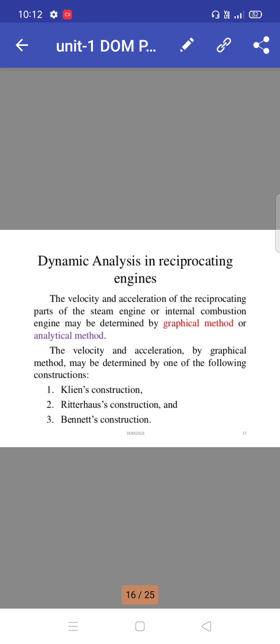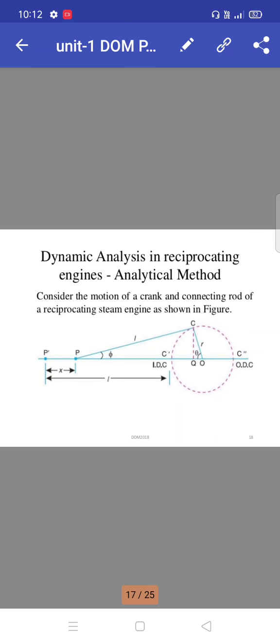With the aid of formulas, we can derive the solution; we call it the analytical method. The velocity and acceleration by graphical method may be determined by one of the following constructions: Klein's construction, Ritter's construction, and Bennett's construction.